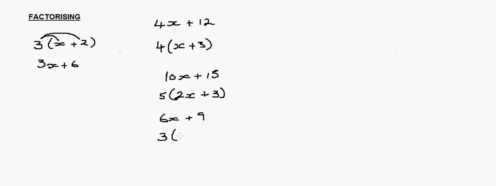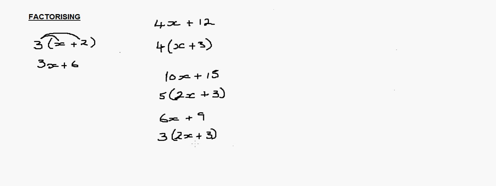Now 3 times 2x I know gives me 6x, and 3 times 3 will give me 9. So that's pretty much factorising. What we're doing is taking out a common factor.